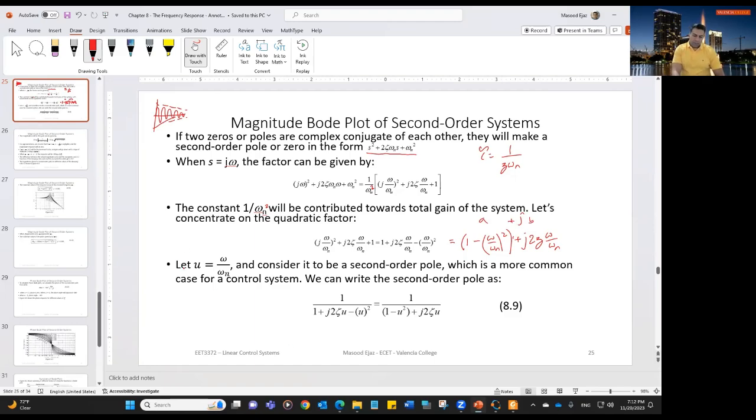We consider u to be omega over omega n, just so that we don't have to keep repeating omega over omega n, and substitute it by a variable u. So we can write this expression as 1 minus u square plus j 2 zeta u. The real part is 1 minus u square, and the imaginary part is 2 zeta u.